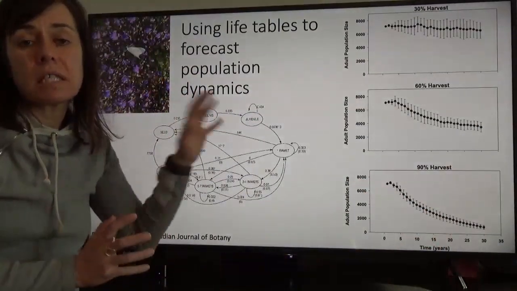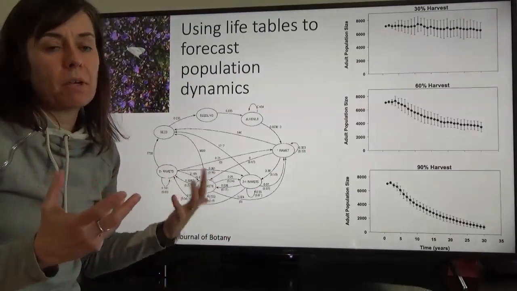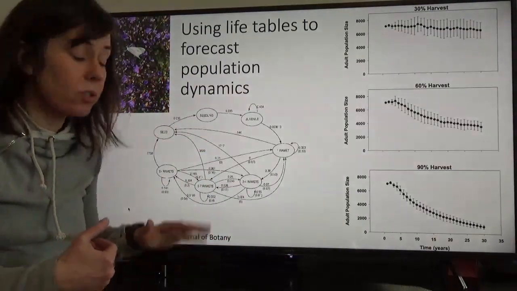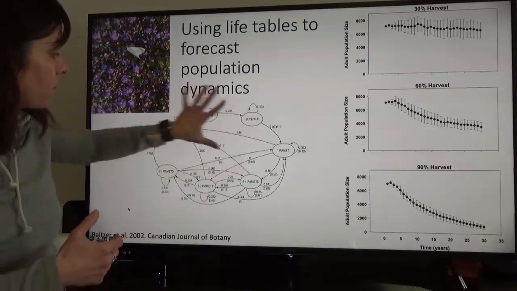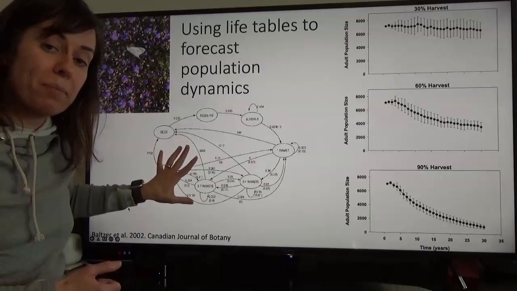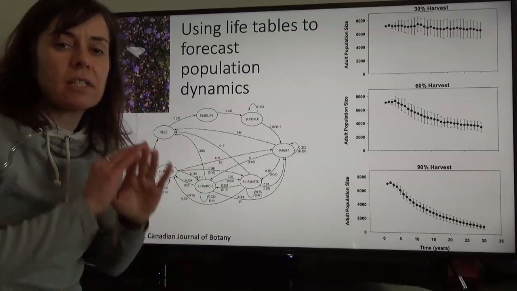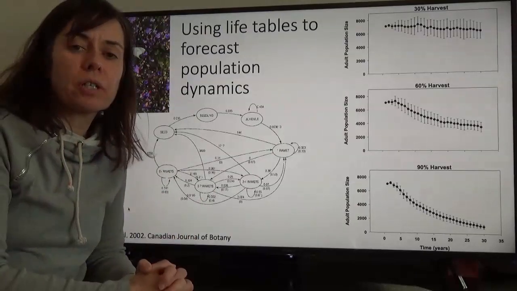Okay, so these are the kinds of forecasts we can make with life tables and with these stage or age structured population models. And I just wanted to wrap up that chapter with this short lecture.